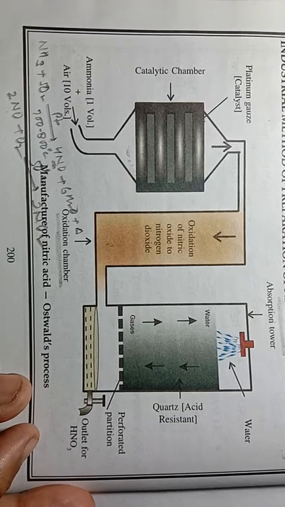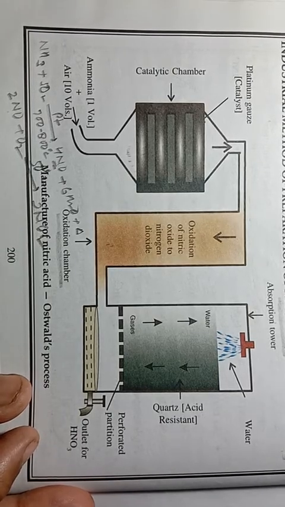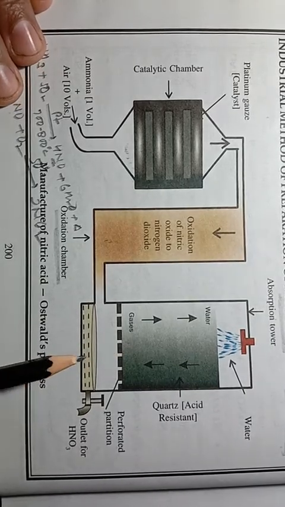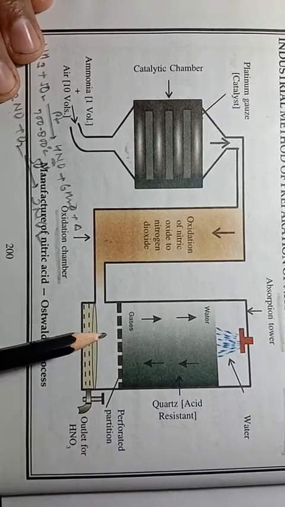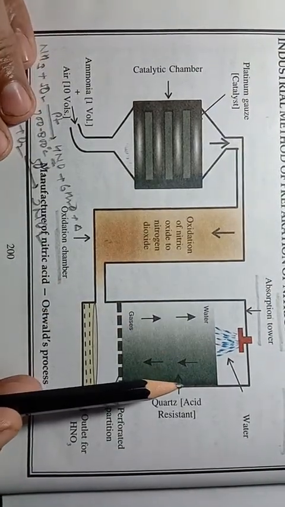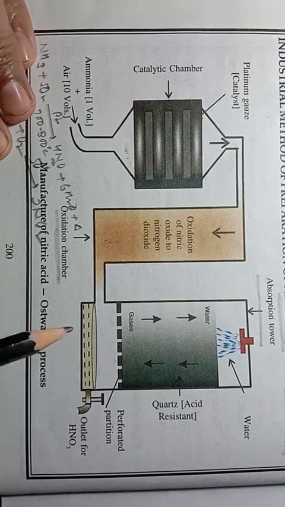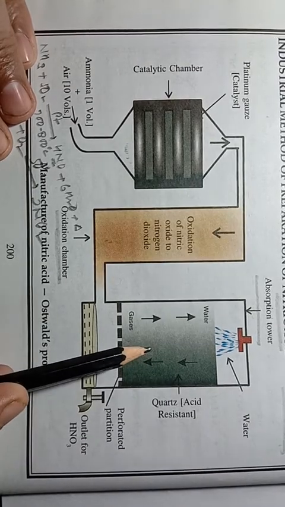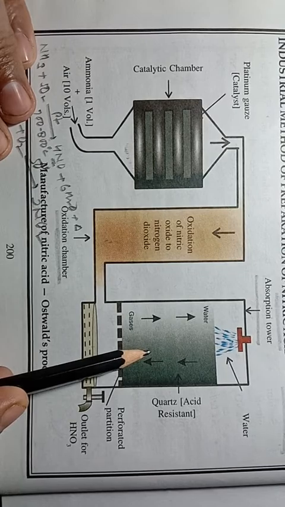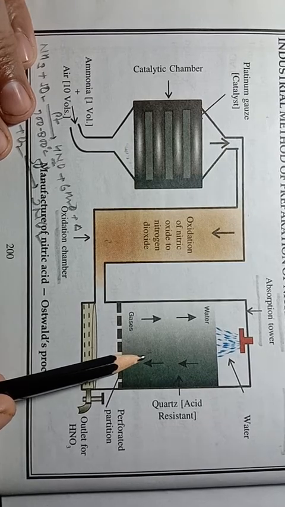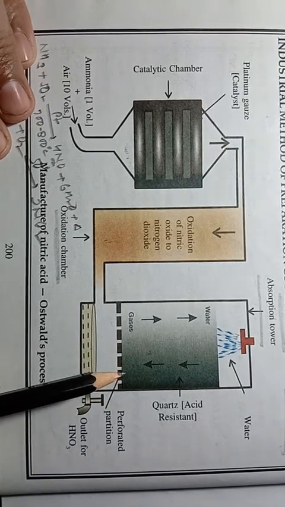Second step, then after this is the last chamber, and this chamber is known as the absorption tower. Here nitrogen dioxide is converted into nitric acid by absorption in water in the presence of excess air.